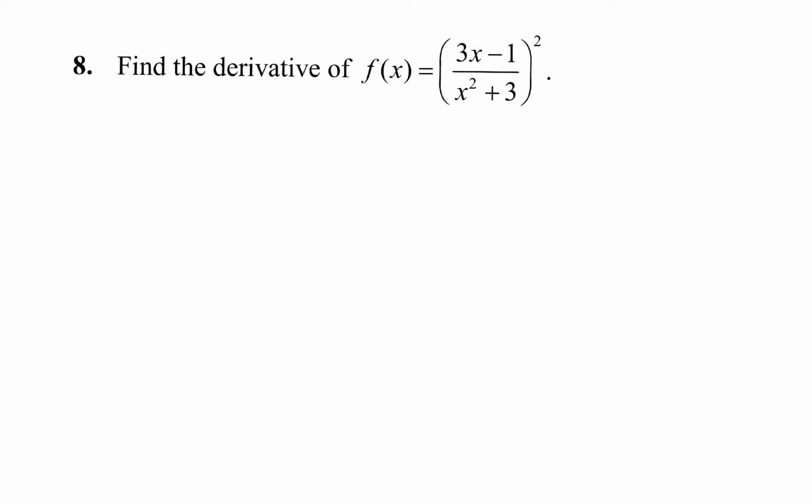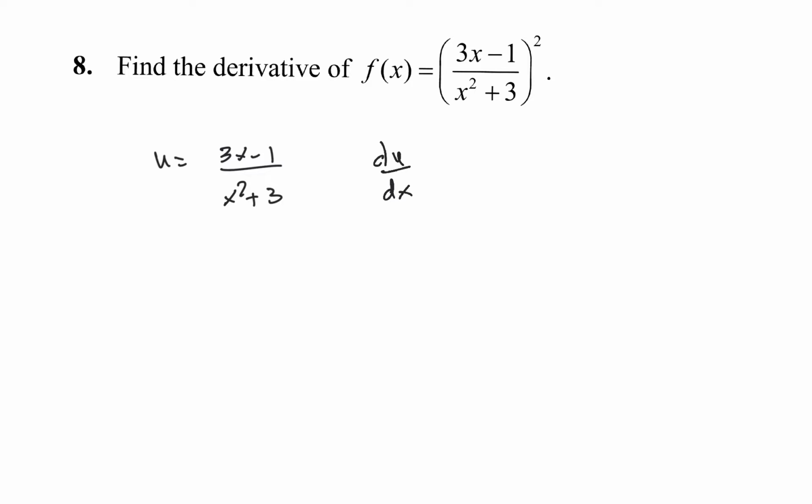Okay, next problem is find the derivative of (3x minus 1) squared divided by x squared plus 3. How will we do this without doing a lot of algebra? If we name u as 3x minus 1 divided by x squared plus 3, I can get the derivative of u with respect to x.